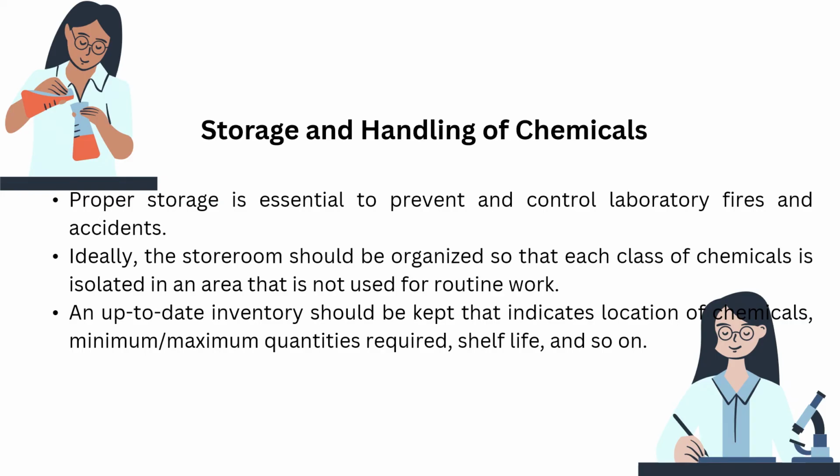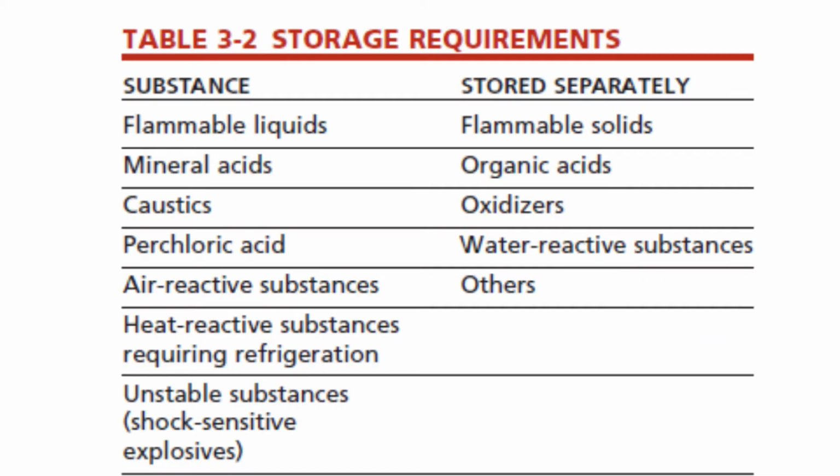So they must be separated for storage. This table here shows the different substances that can be stored together, while this area here are the substances that must be stored separately.